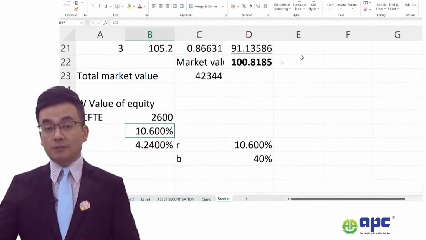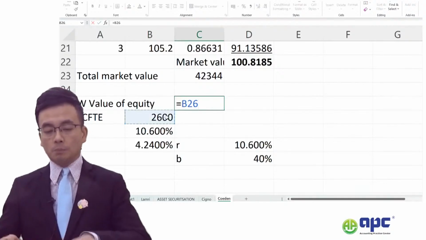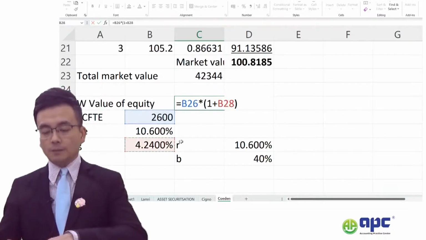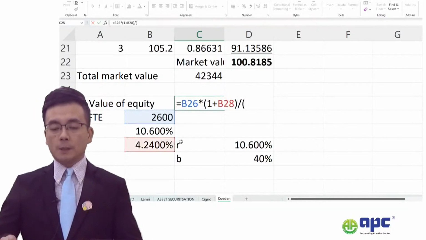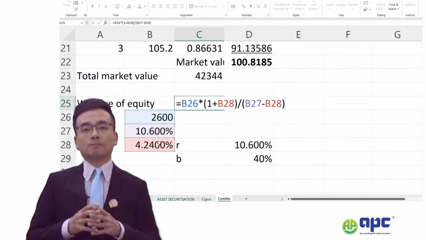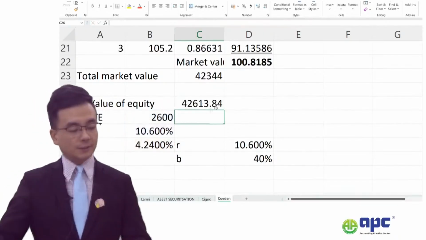So therefore, it's the value of equity. We take free cash flows to equity, times 1 plus growth rate of 4.24%, over the cost of equity minus growth rate. It's just using a perpetuity approach. That's all. That will give me 42,613.